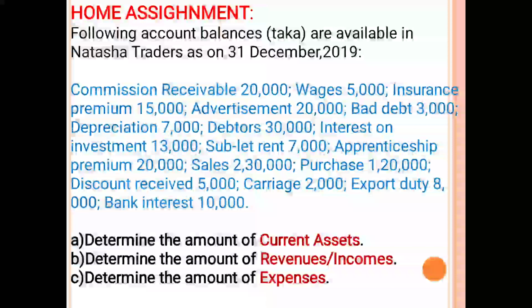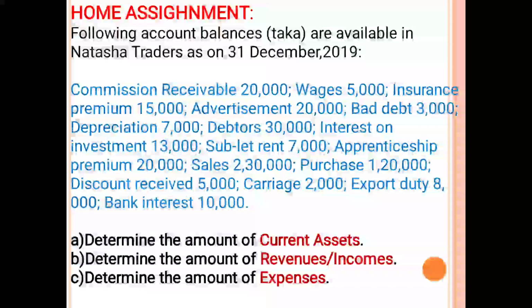Commission receivable taka 20,000, wages 5,000, insurance 15,000, advertisement 20,000, bad debt 3,000, depreciation 7,000, debtors 30,000, interest on investment 13,000, sublet rent 7,000, apprenticeship premium 20,000, sales 2,30,000, purchase 1,20,000, discount receipt 5,000, carriage 2,000, export duty 8,000, bank interest 10,000.